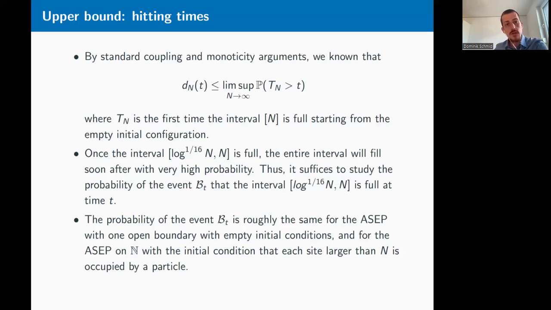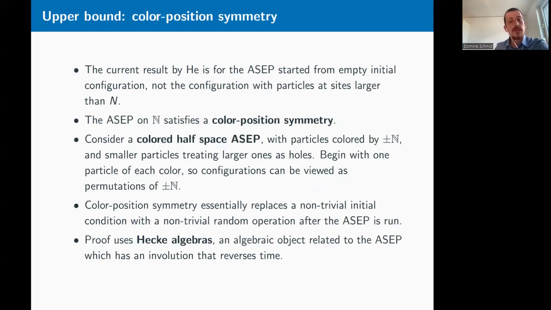This uses a technique called color position symmetry, which is a very nice insight. I think it first goes back to Amir Angel and Balko for the case of the so-called TASEP speed process. This color position symmetry was then made more precise and further developed by Alexei Borodin and Alexei Bufetov.